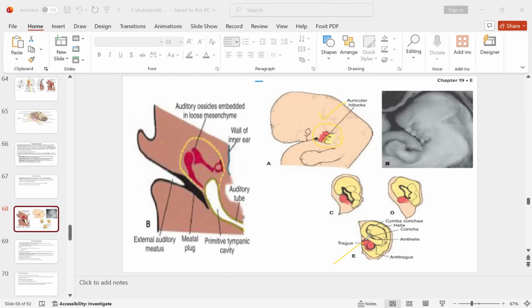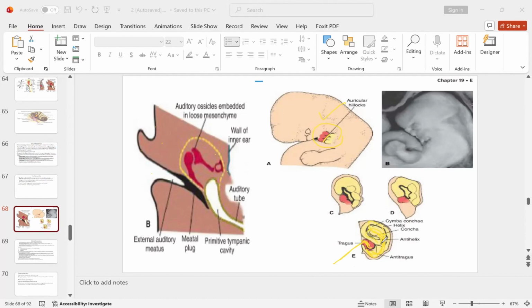So this is the tragus, and it is formed from the first pharyngeal arch, and the remaining part of the pinna is formed. This yellow area is formed from the second pharyngeal arch. This red area, which is the tragus, is formed from the first pharyngeal arch, and this yellow area is the remaining part of the pinna, and it is formed from the second pharyngeal arch.